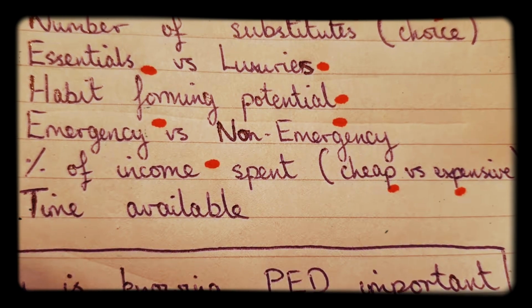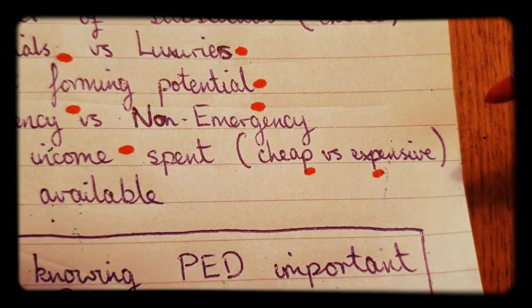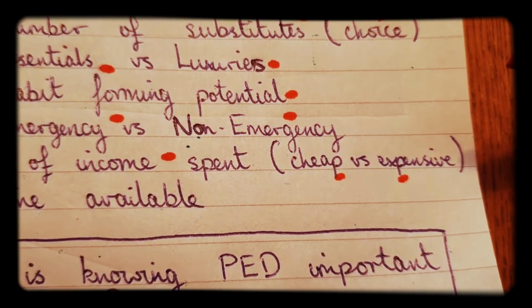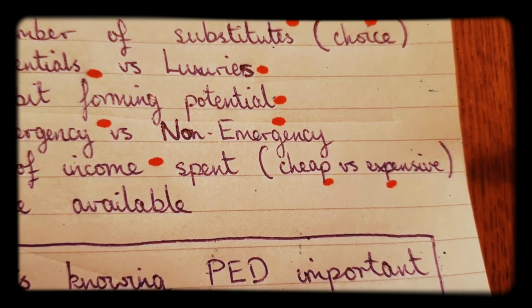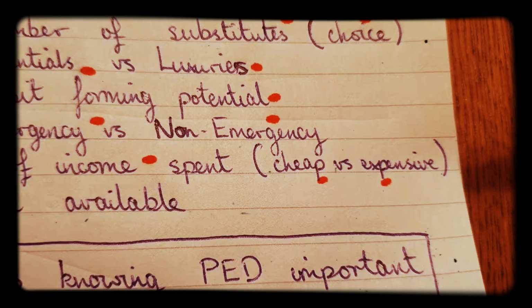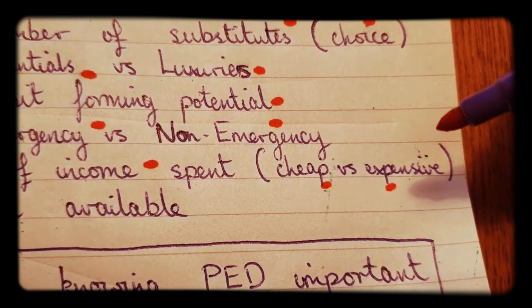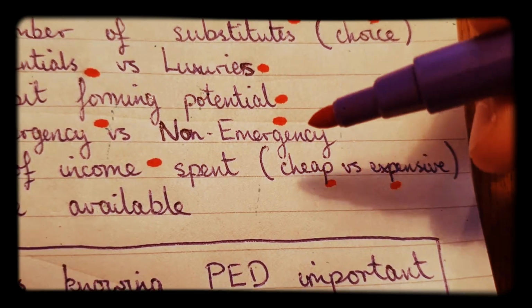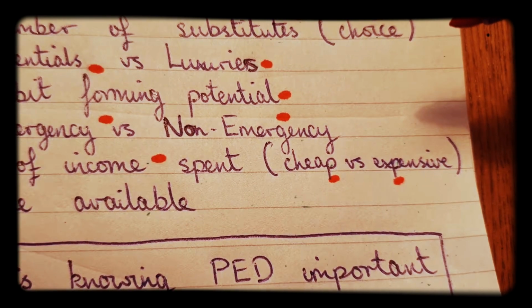Consumers aren't going to cut their consumption of matchsticks. Whereas if it's something very expensive like a car or a house, people tend to be more price sensitive because it represents a very large portion of their income. So expensive goods tend to be price elastic, and cheap goods that are a very low proportion of your income tend to be price inelastic.